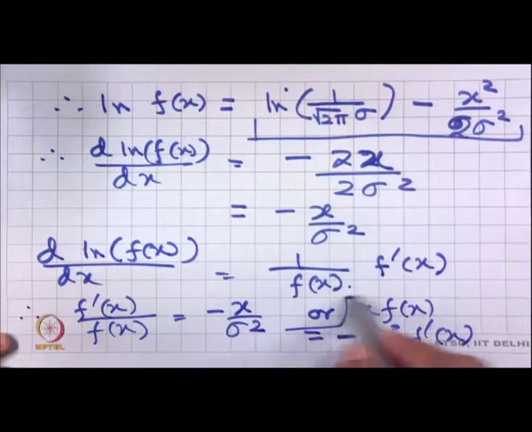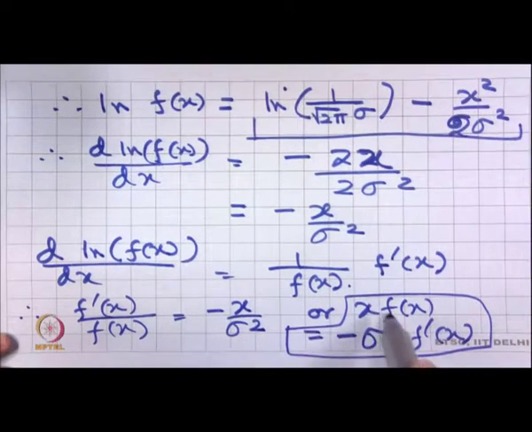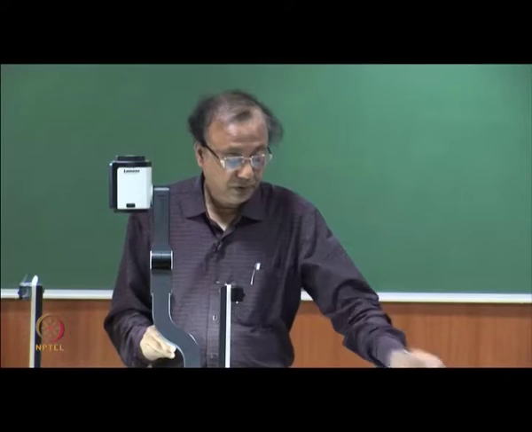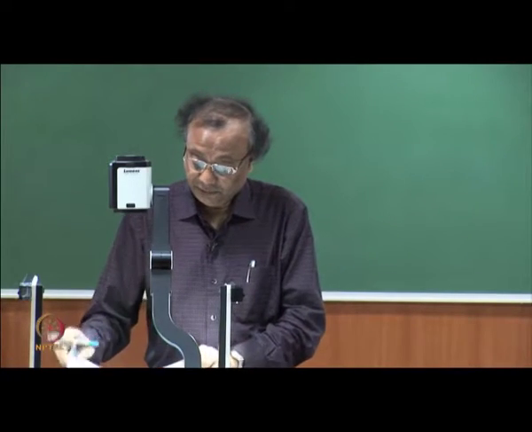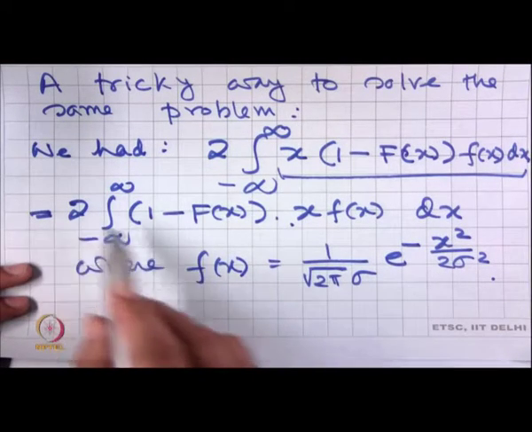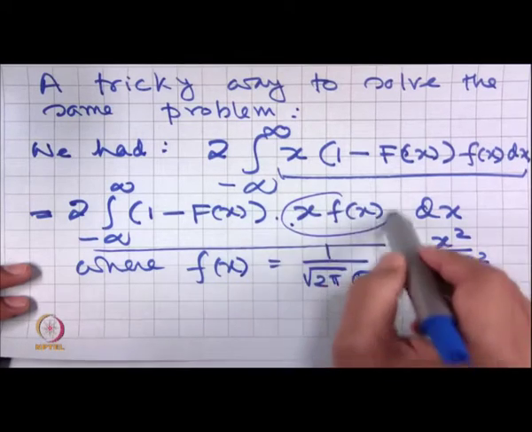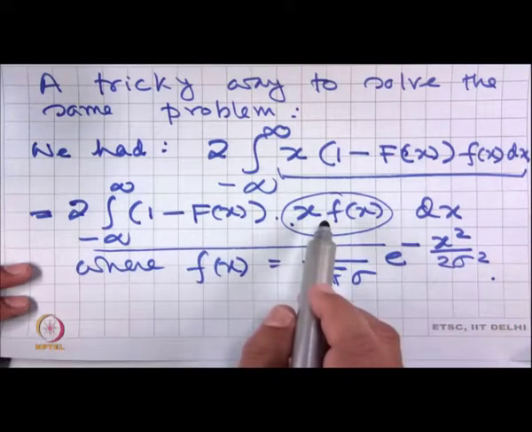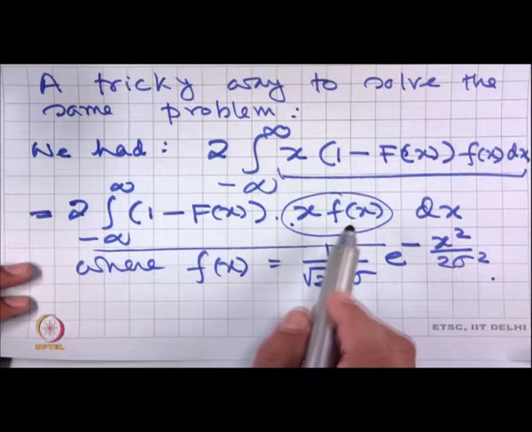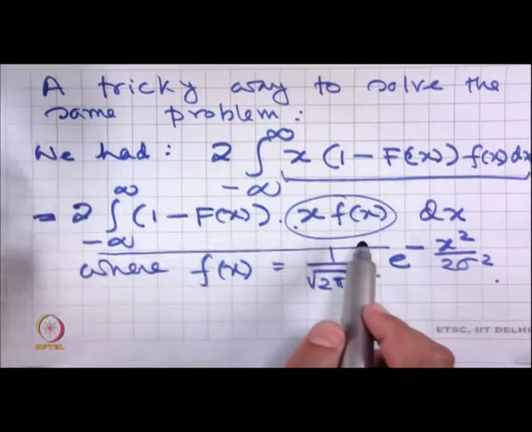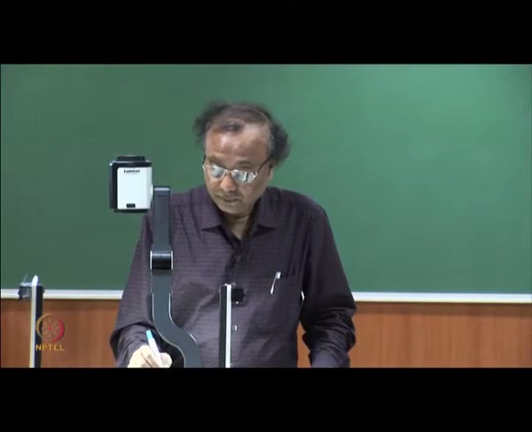So, we got an expression involving x f x, which we can now replace with minus sigma square f prime x. So, let us go back to our expression. We had 2 into this, which involves x times f x, and we know that we can replace it with minus sigma square into f prime x.